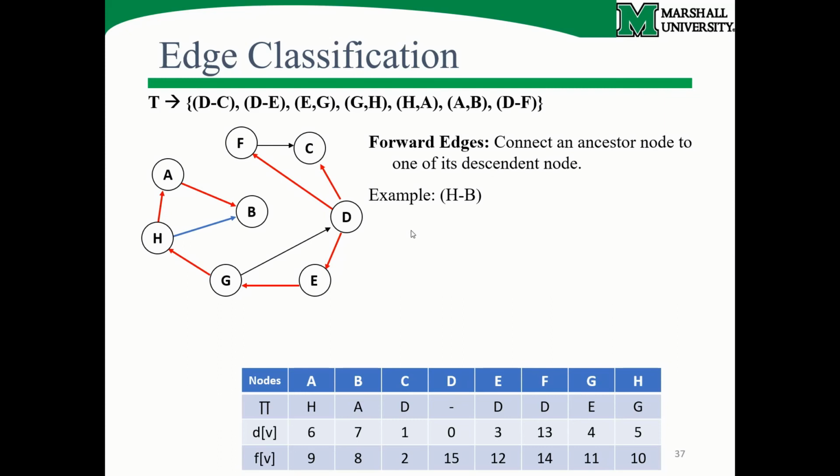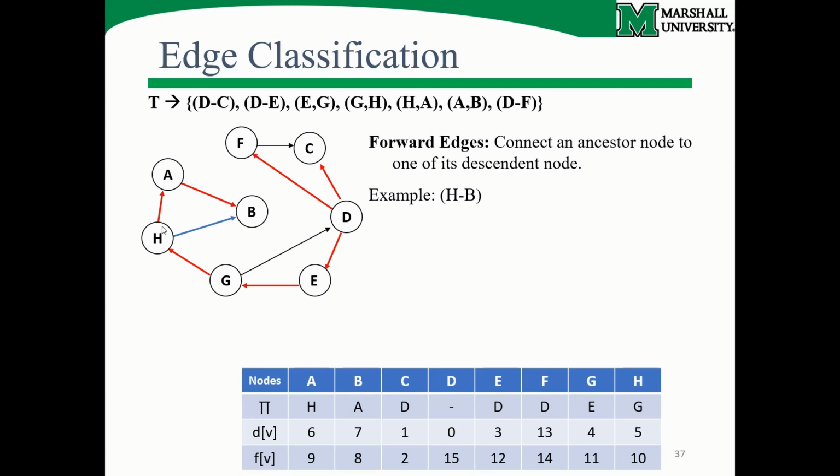Next, forward edges. A forward edge connects an ancestor of a tree node to one of its descendant nodes. So if you take a look at the example here, HB, we already said that these red edges form a tree.